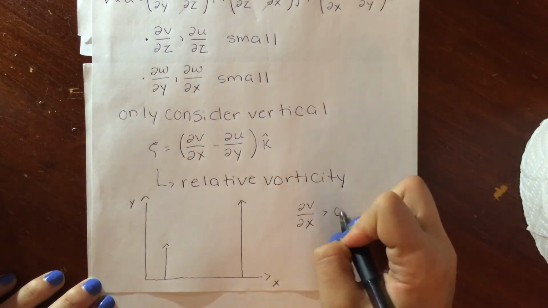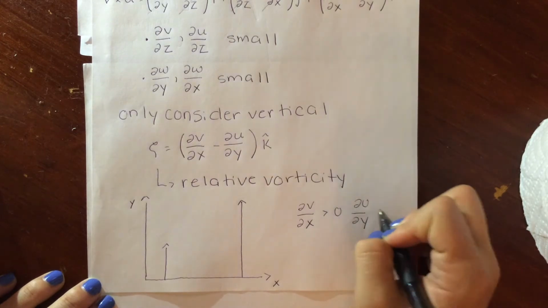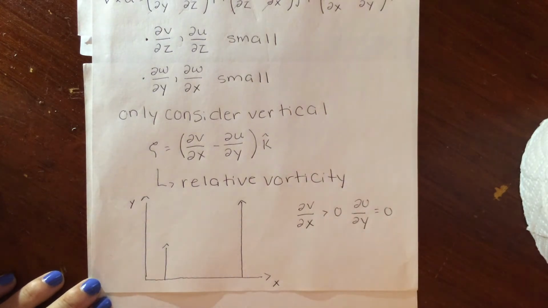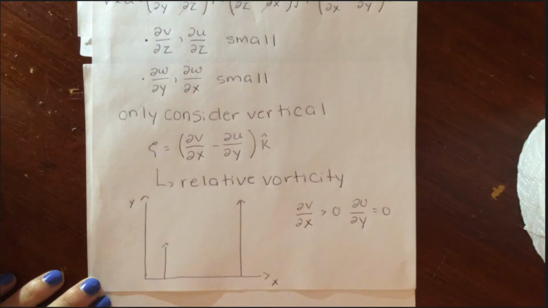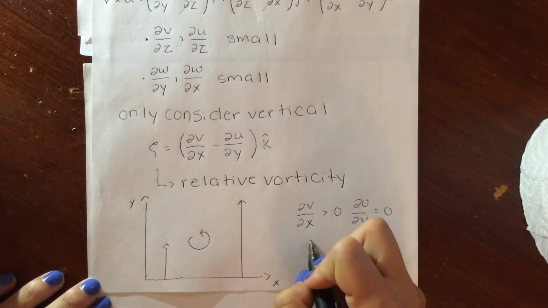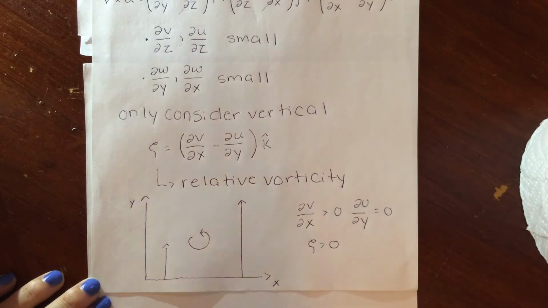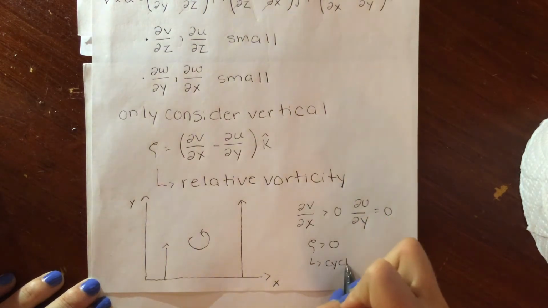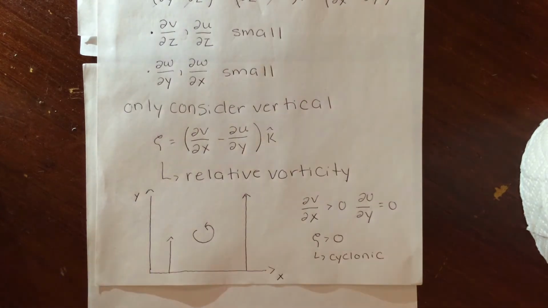Your dv/dx term will be positive, and your du/dy term will simply be 0. Now think about which way the columns of fluid are going to rotate. If they are subject to larger velocity on the right and smaller velocity on the left, our column of fluid will tend to rotate in this direction. If we plug in these values for our relative vorticity equation, it is apparent that we will create a positive relative vorticity, which makes sense, and we will end up with a cyclonic or counterclockwise flow.